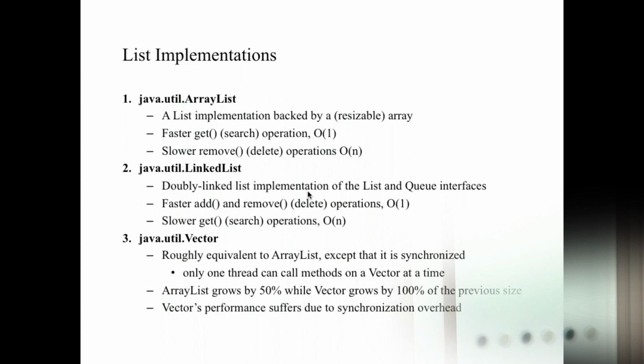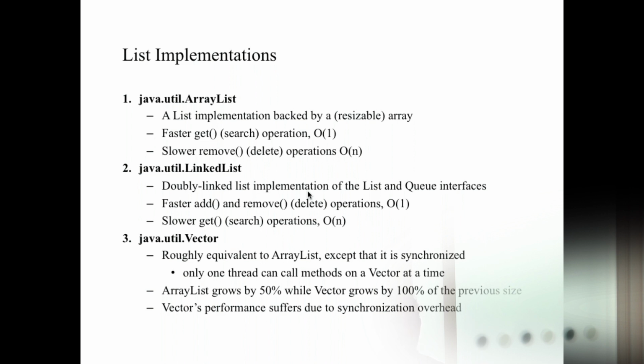And in the LinkedList, instead of arrays, we use the linked list data structure, and the doubly linked list. We will learn about the linked list if you are not familiar with the concept. It's a data structure that connects the elements using pointers.